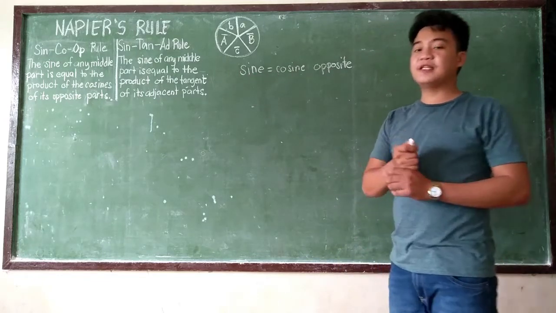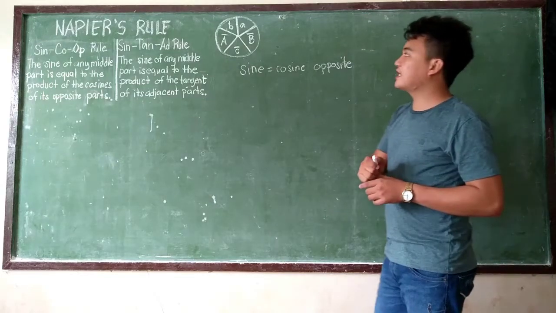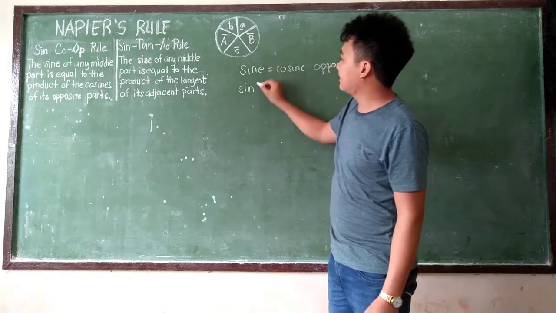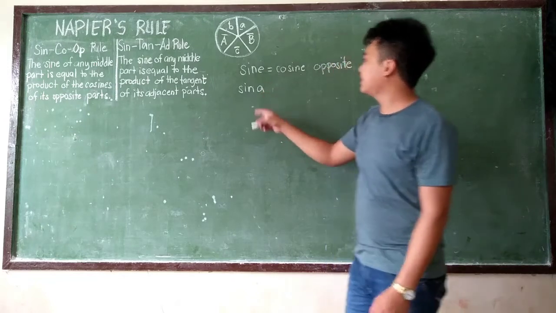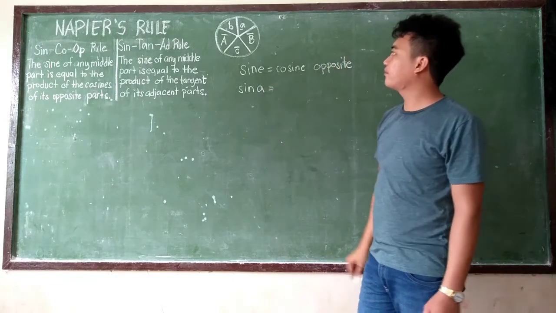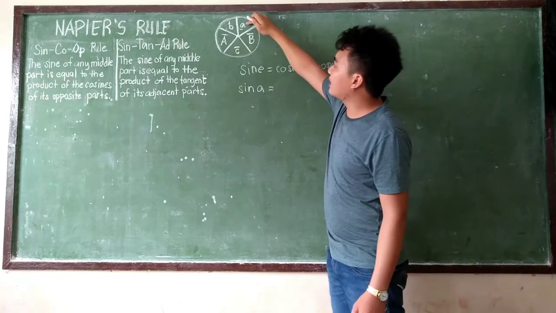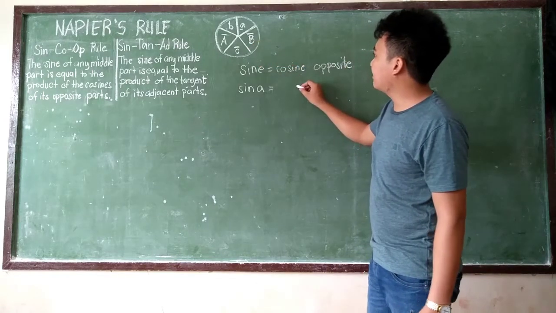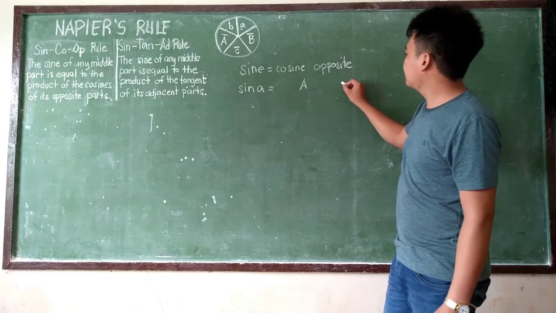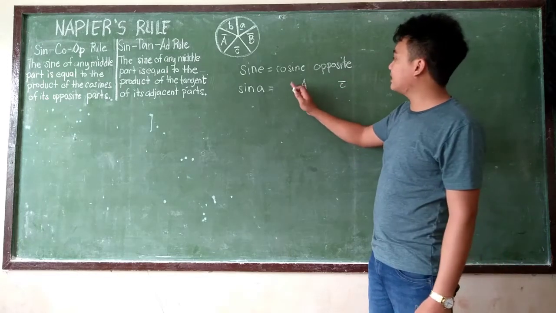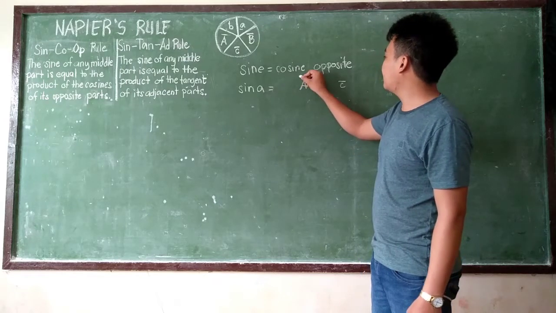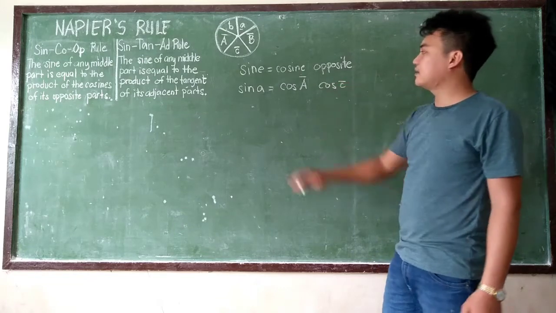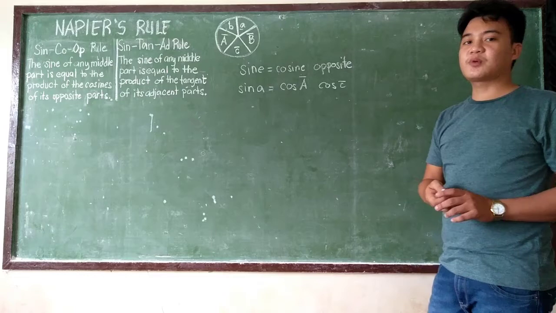Let us have an example. For example, we have sine A. The opposites of A are A bar and C bar, so we just take the cosine of A bar and the cosine of C bar. That is the sin co rule.